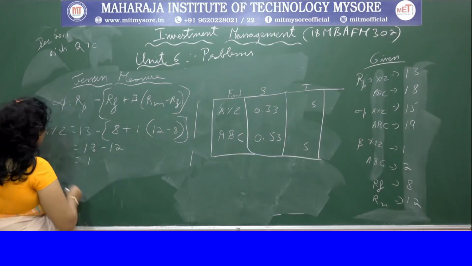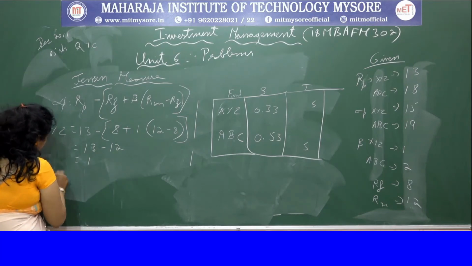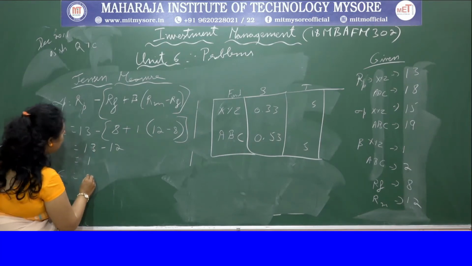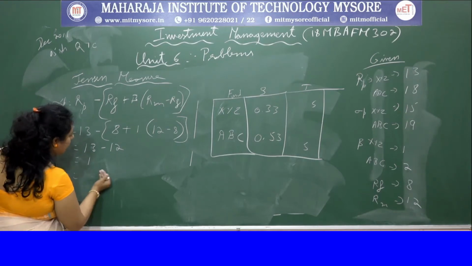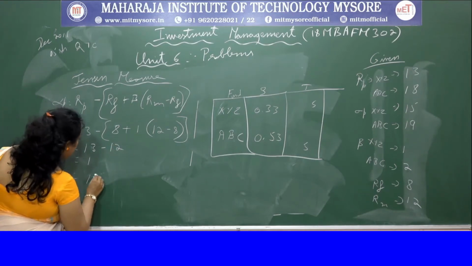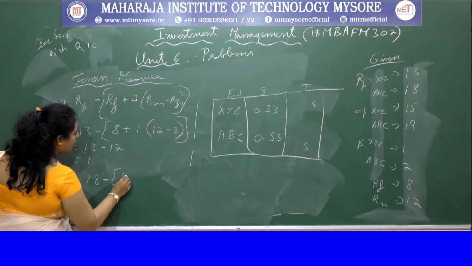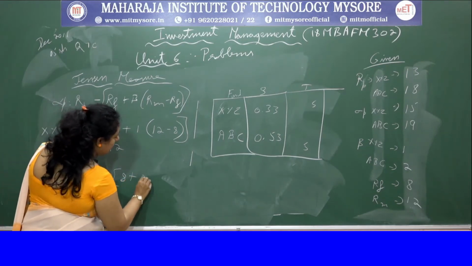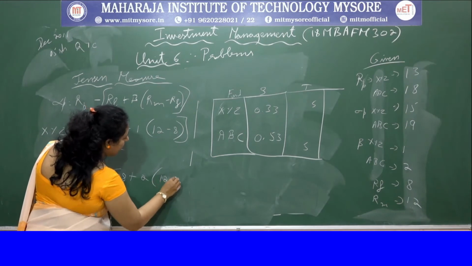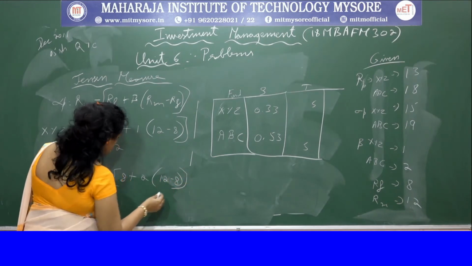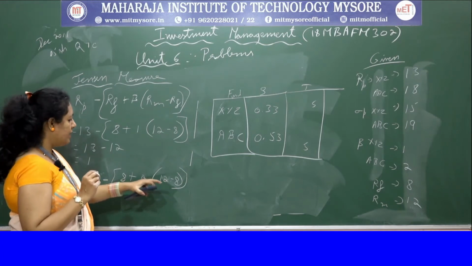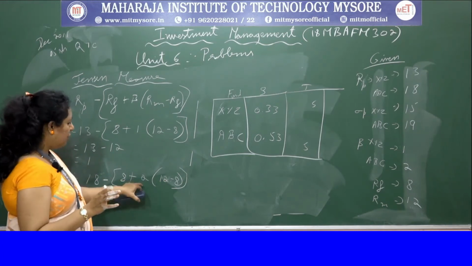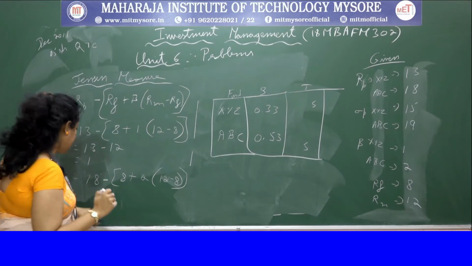Done. We'll go to ABC. ABC is the same formula: 18 minus 8 plus beta is 2, 12 minus 8. To simplify this, 12 minus 8 is 4, 4 into 2 is 8, 8 plus 8 is 16.